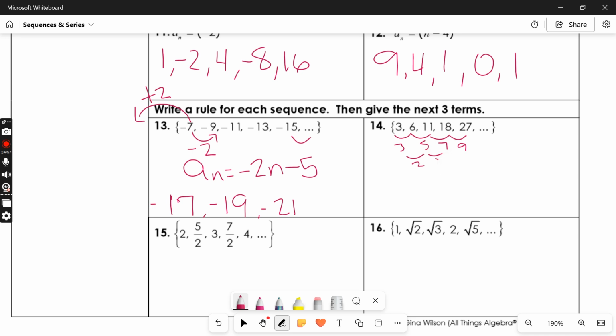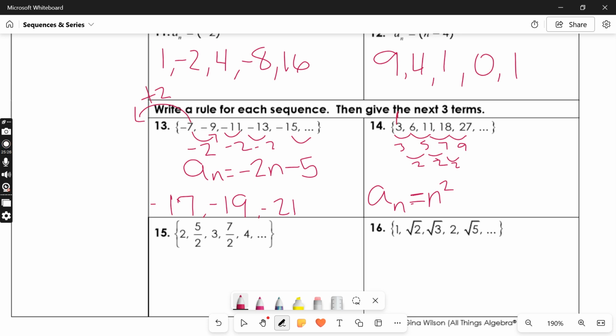Now notice here, I'm adding 2 each time, whereas here, these were always subtracting 2. Okay, so when it has 2 rows like this before you get a repeating number, this means that you're dealing with a squared term. So we're going to say an equals n squared. And then we'd have to figure out what we need to do.